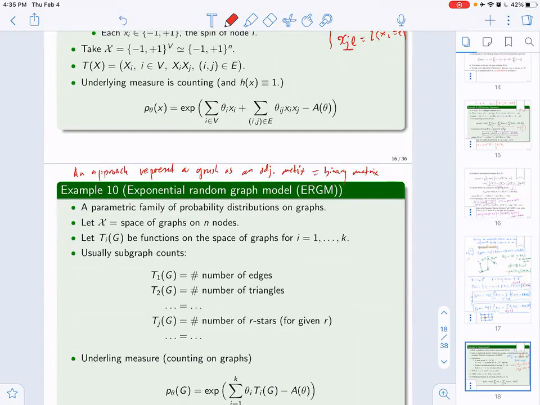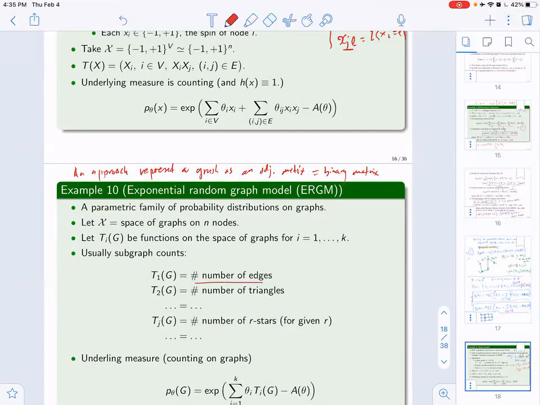But there's also another approach, which is just treat them as abstract objects and then try to define functionals. So if I define functions from graphs to reals that are meaningful, for example, usually these are counts of various subgraphs.